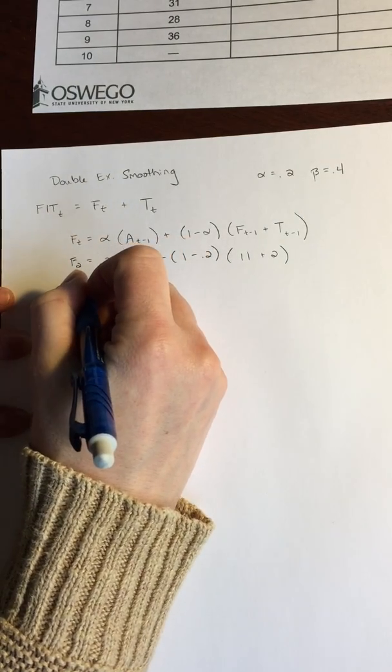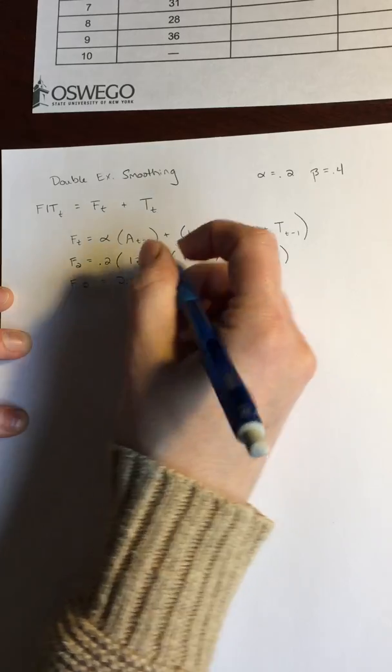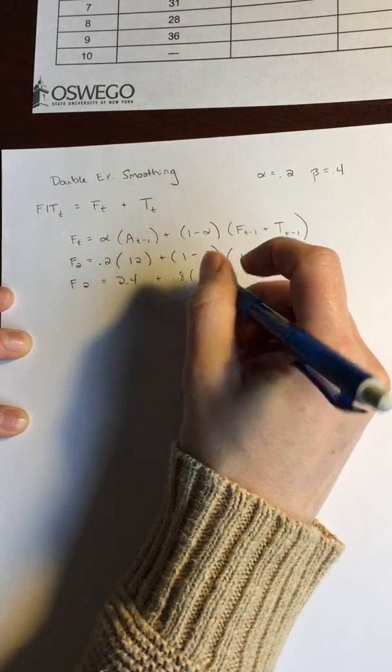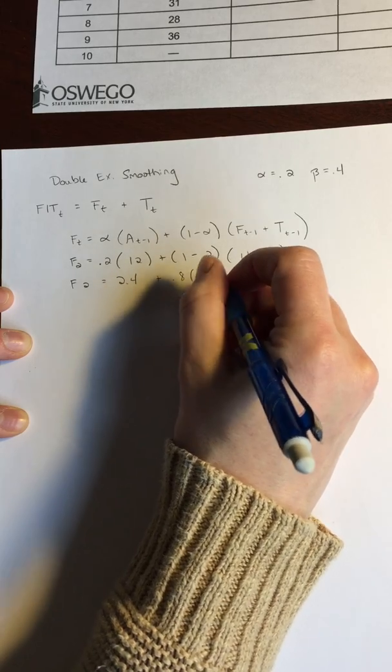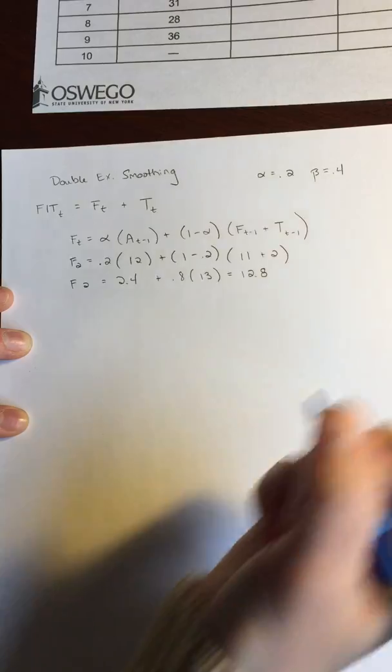Okay, so if we go through and solve for this, this is going to be 2.4 plus 0.8 multiplied by 13, and this is going to give us 12.8.